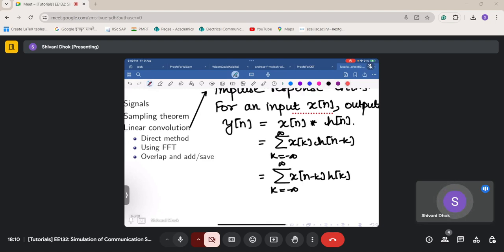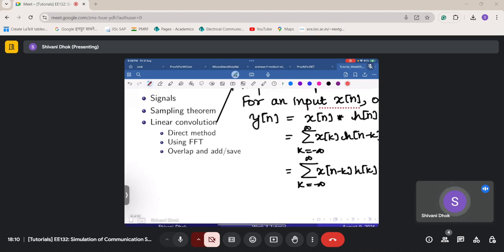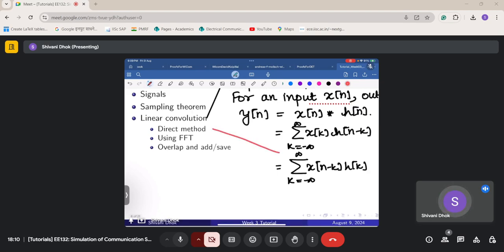And this is linear convolution, and then we looked at different ways of implementing this linear convolution. If we implement this formula directly in MATLAB, then it is the direct method, and we saw that it requires a lot of operations. At every step, for every value of n, we need a lot of operations or flops to be done.